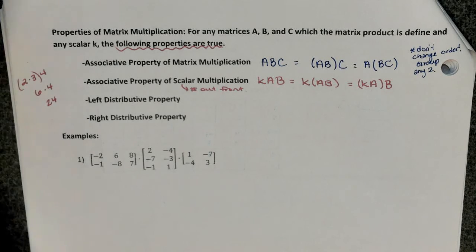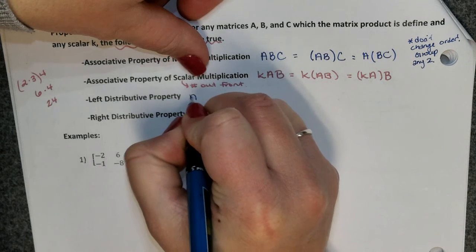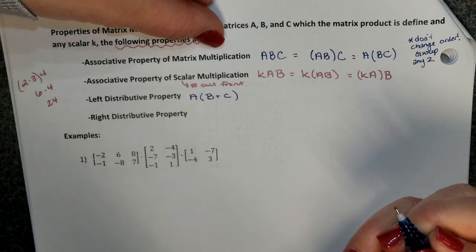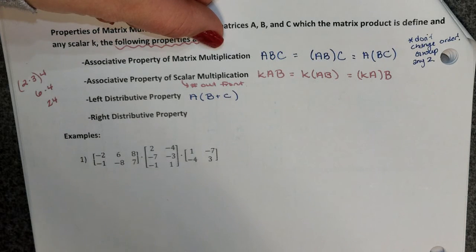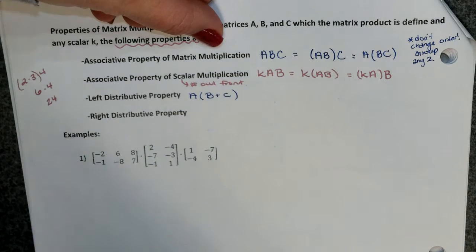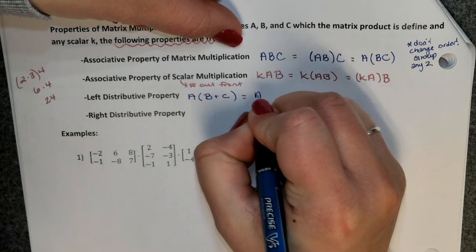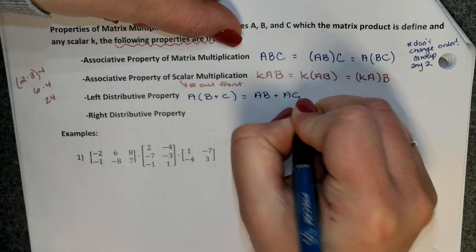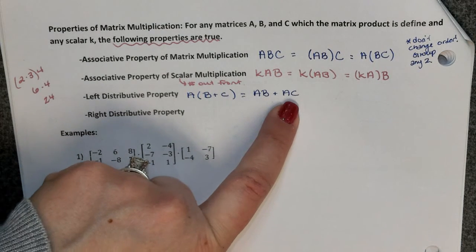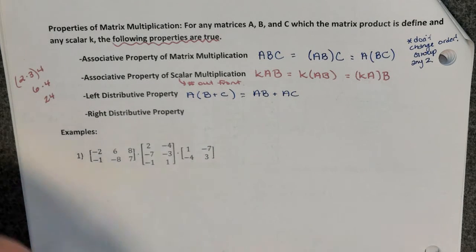All right. The left distributive property, we already talked about that. If you have a matrix A and then 2 matrices B and C that are added together, so all 3 are matrices, a matrix times 2 matrices that are being added together, you could do it like this, or you could distribute the A and do A times B plus A times C. I wouldn't recommend doing it that way, because you'd have to do a multiplication and a multiplication, versus this one, where it's easier to add and then multiply one time.